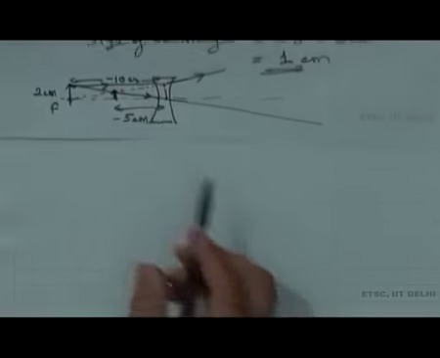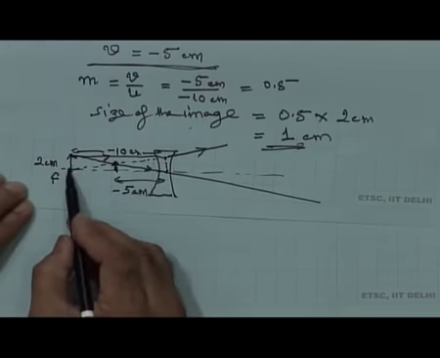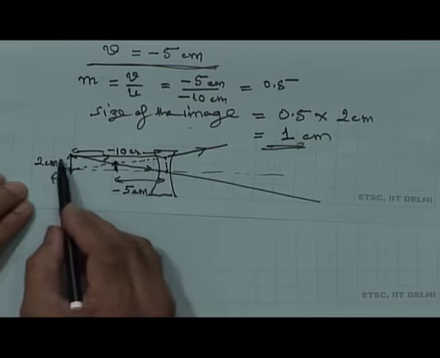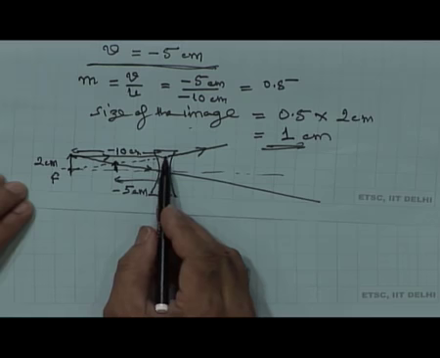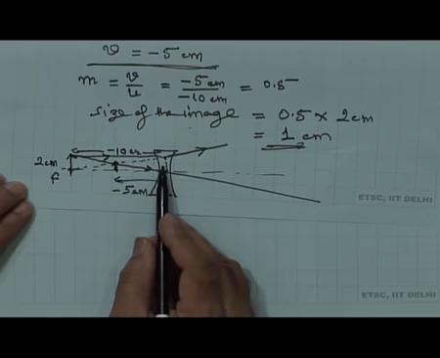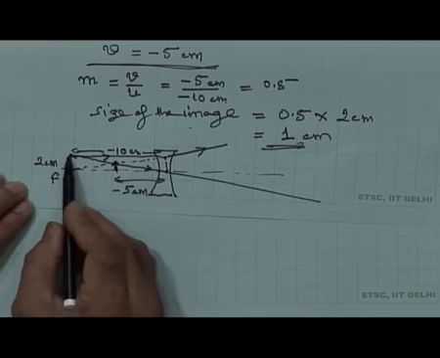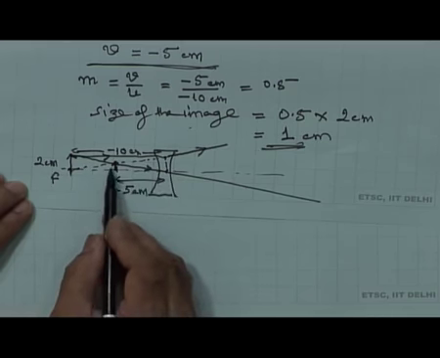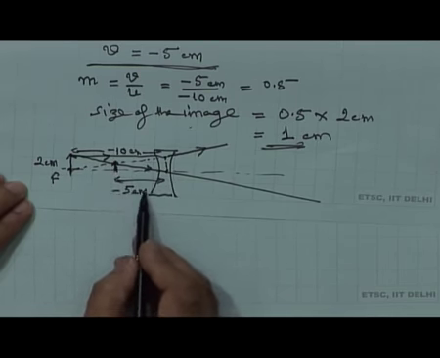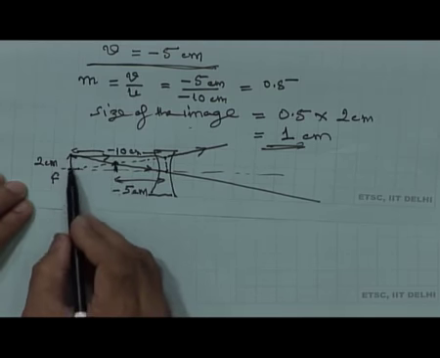This is almost obvious if you see the geometry carefully: this is a triangle where this is 2 centimeter, a parallel ray comes here, therefore, this is also height 2 centimeter, this is 10 centimeter, and therefore, the two diagonals will intersect at half the distance, which is minus 5 centimeter, and the height will also be equal to half the object height.